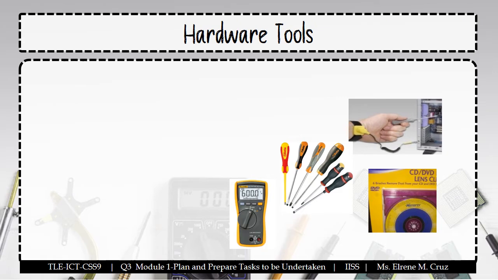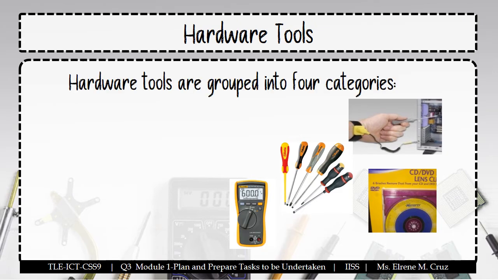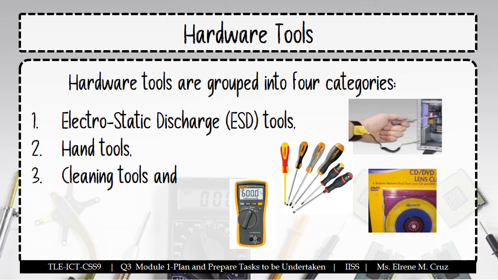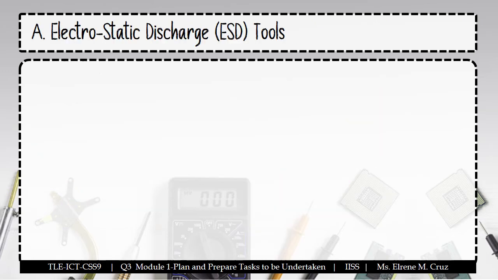There are hardware tools. Hardware tools are grouped into 4 categories. First is electrostatic discharge, ESD tools. Next is hand tools. Third is the cleaning tools, and lastly, diagnostic. The first category is electrostatic discharge or ESD tools.